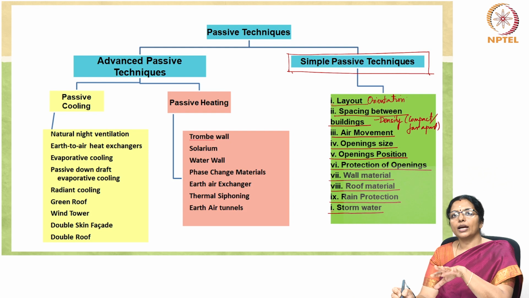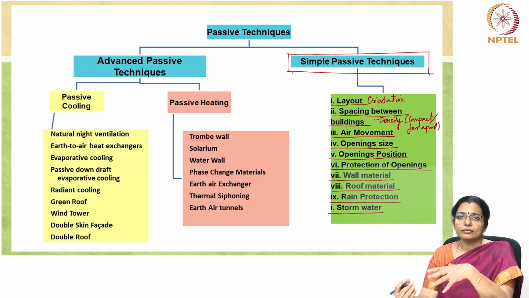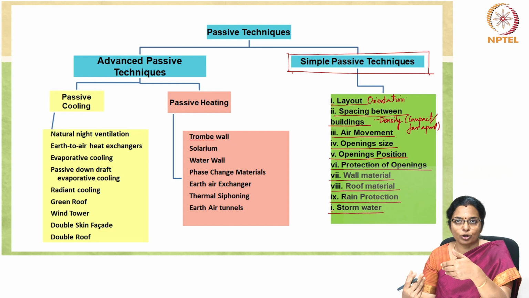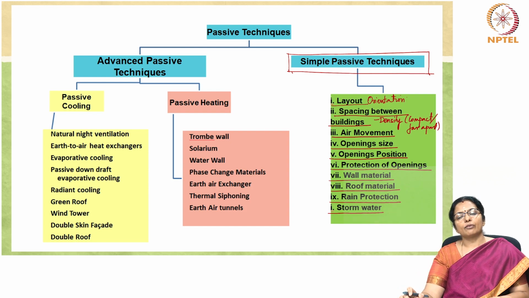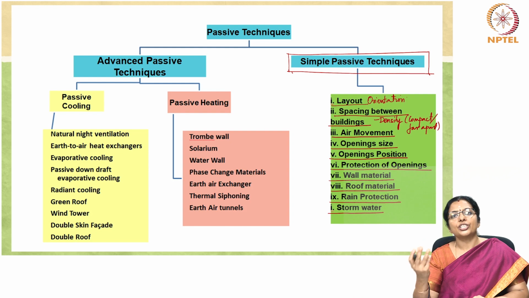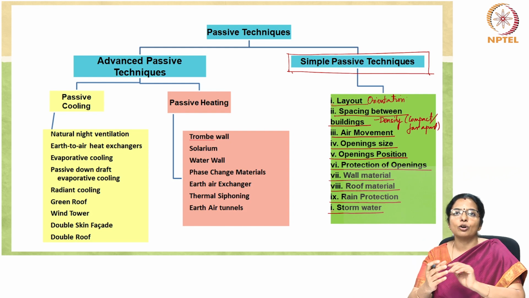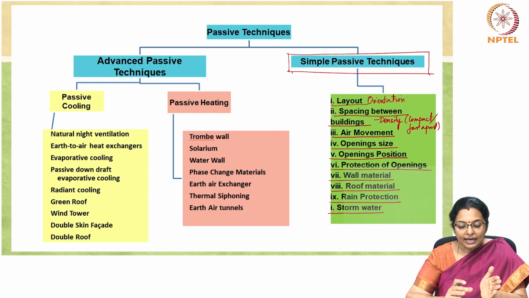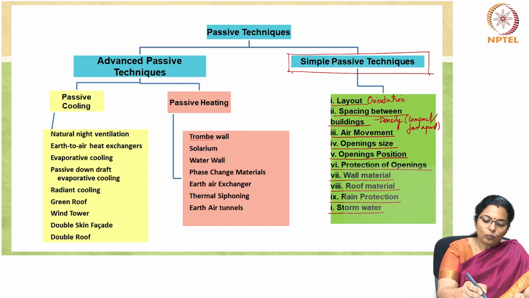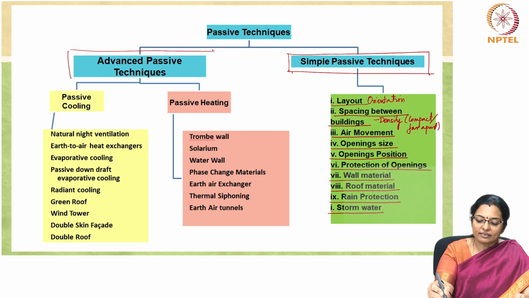So, in order to make the building comfortable for the user, by using any of these techniques, we do not use any special contraption or special spaces or special technology. And therefore, we will look at what are advanced passive techniques.